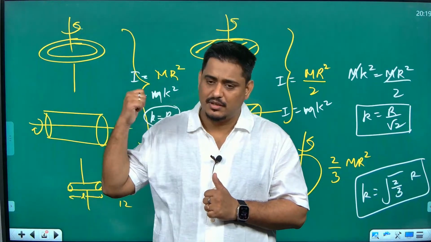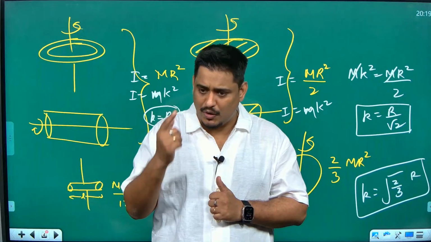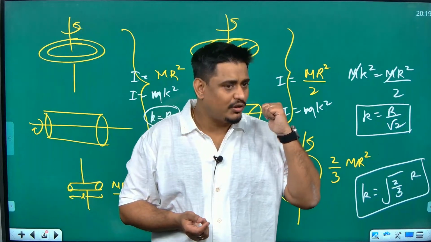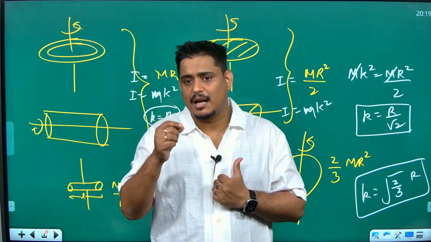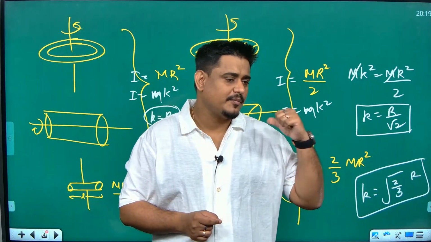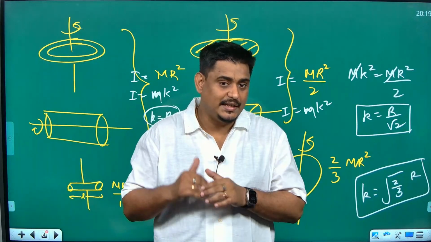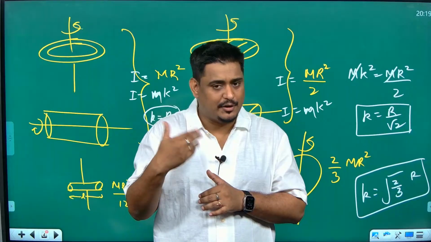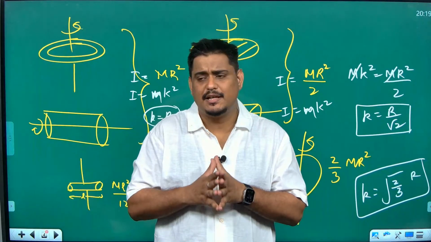For a hollow ring and hollow cylinder, k is equal to r. For a solid ring, that is disc, and solid cylinder, it is r by root 2. For a solid sphere, it is root of 2 by 5 into r, and for a hollow sphere, root 2 by 3 into r. So, all these things you have seen in today's class.